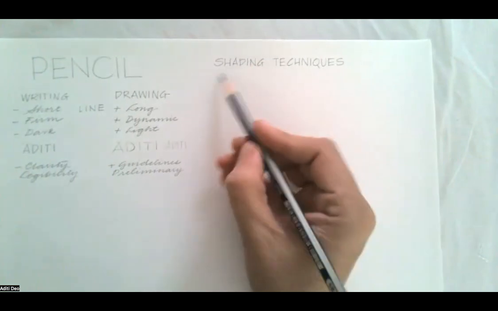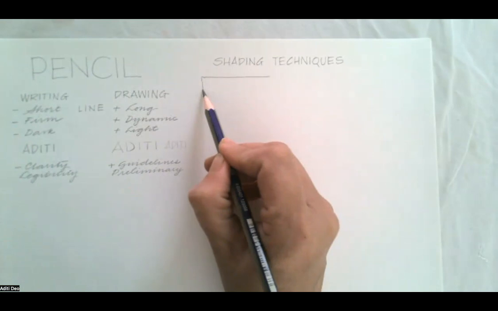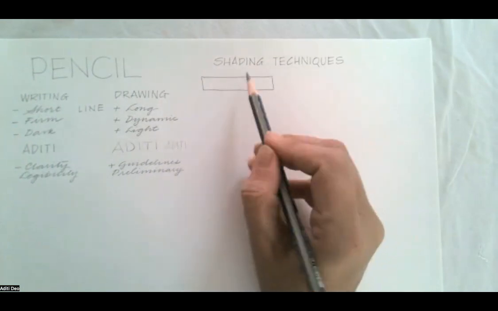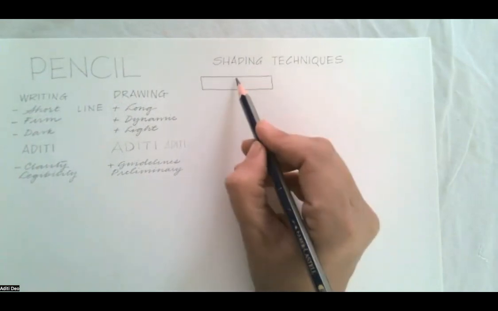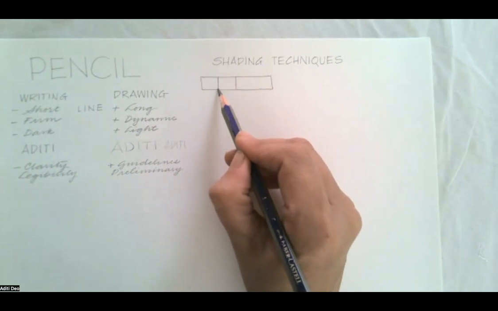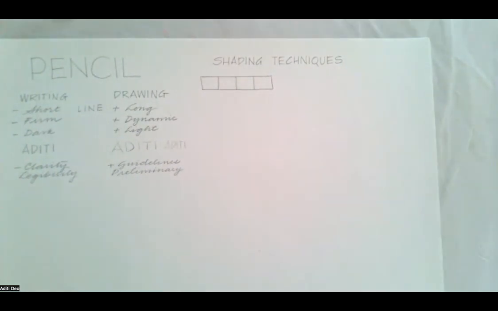To start this exploration, make a box that's about 1.5 or 2 inches wide and about 1 centimeter tall. Divide it in half first and then in 2 more, so you get 4 boxes.